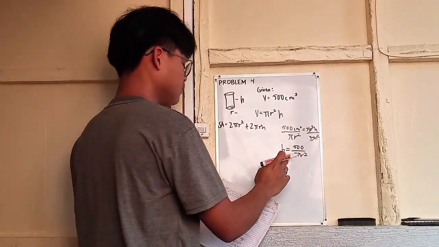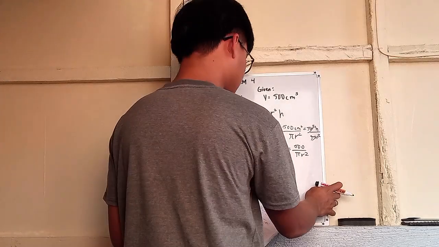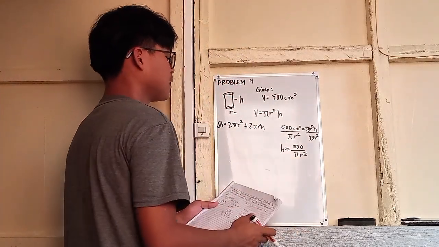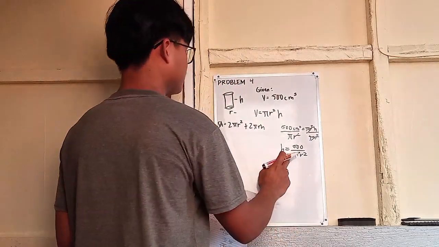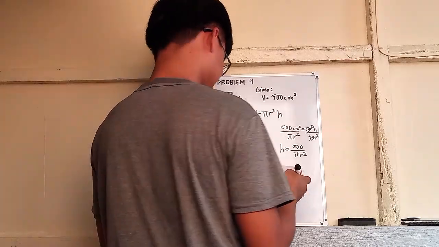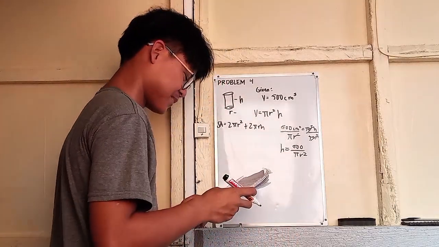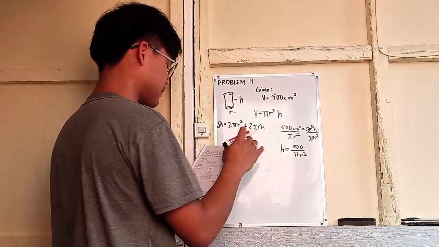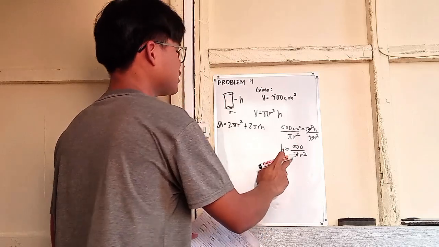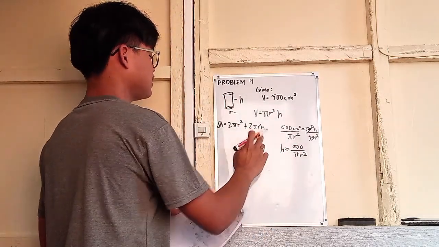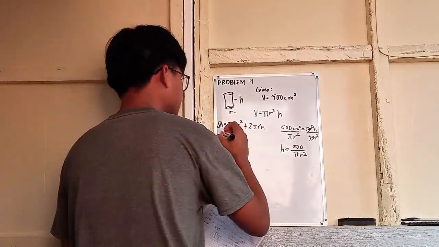So we now have the formula on how to get the height. So next, we'll proceed to the surface area. We will substitute the height in the formula of surface area.